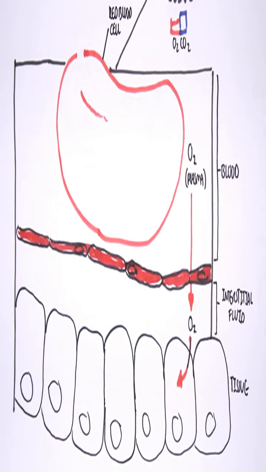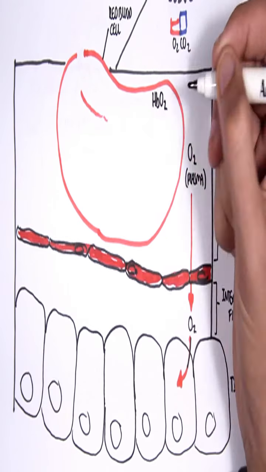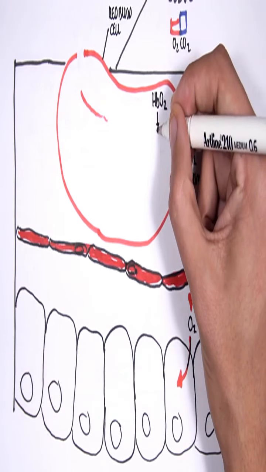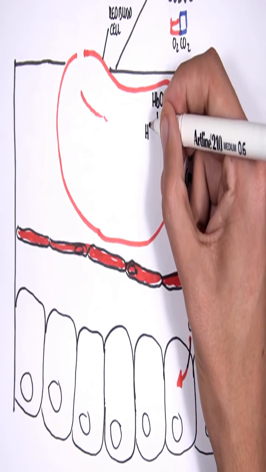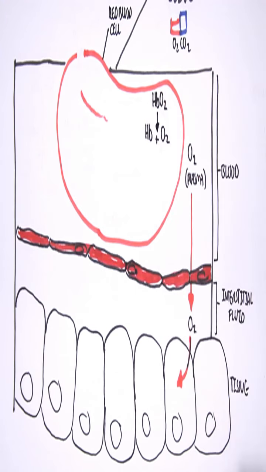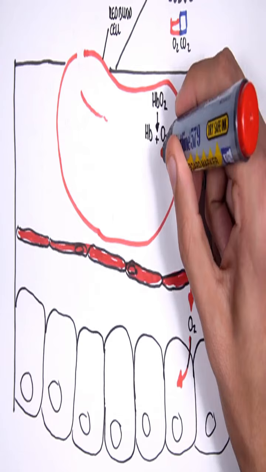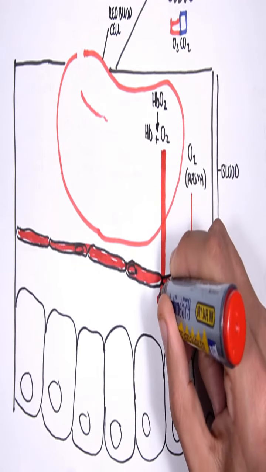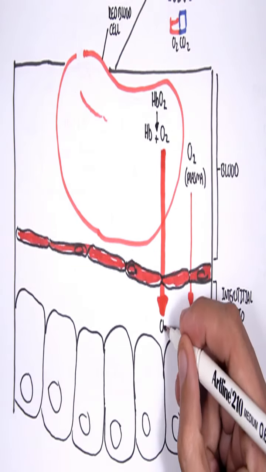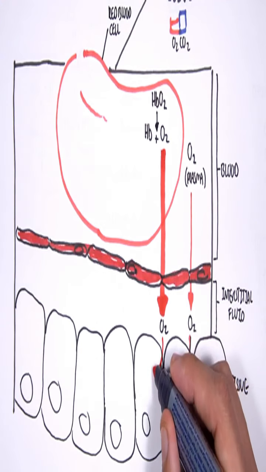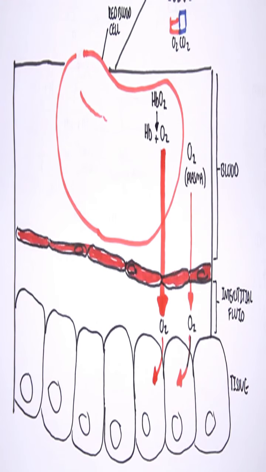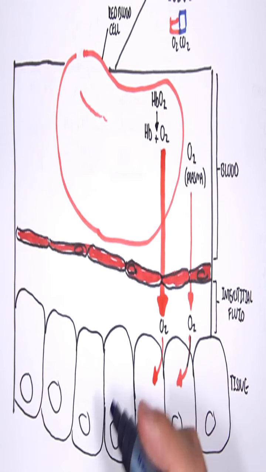So here is hemoglobin, oxygen bound to hemoglobin. The hemoglobin and oxygen can dissociate, forming hemoglobin and oxygen gas. This oxygen can then enter the interstitial fluid, and then oxygen can be used by the tissue. Okay, so that was the two ways oxygen enters the tissue from the blood.